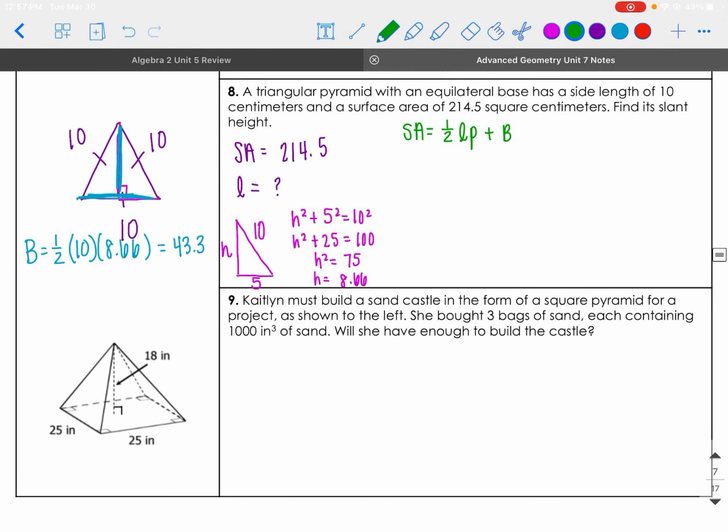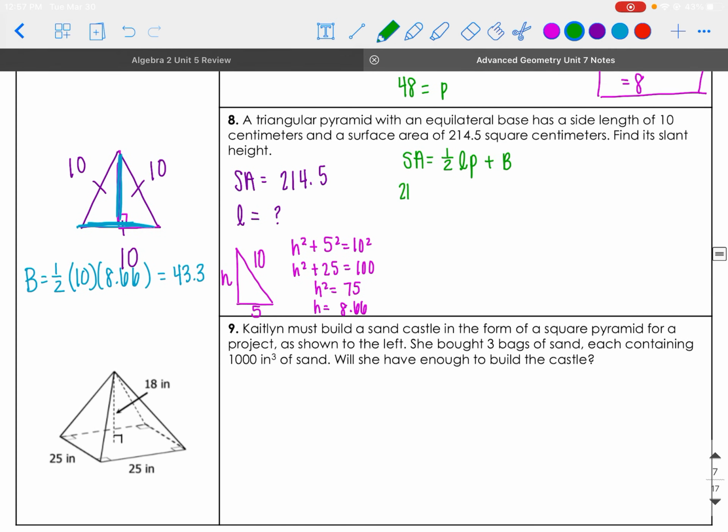So now let's go back to my formula. 214.5 equals 1/2 times L, that's what we don't know. P was 30 plus 43.3.